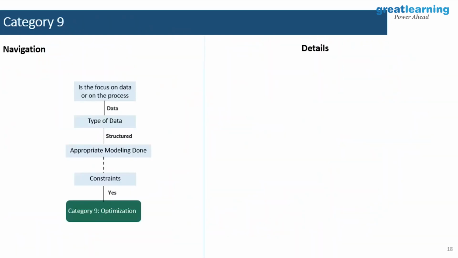Category 9 is optimization. It's one thing to have predictions. You can give out predictions, but if you put it in a business context, the business has constraints. It's one thing to say the demand for your product is going to be 100,000 units, but the business will have constraints in terms of how much can I really produce, and at what cost.